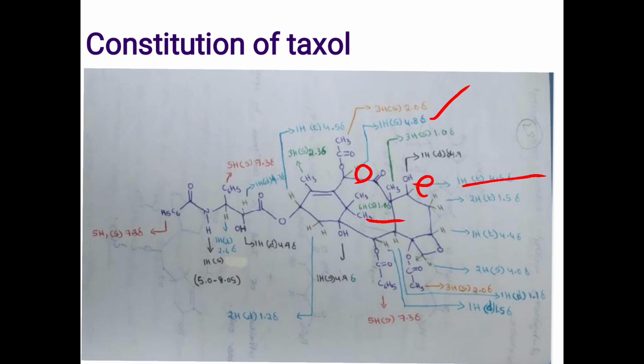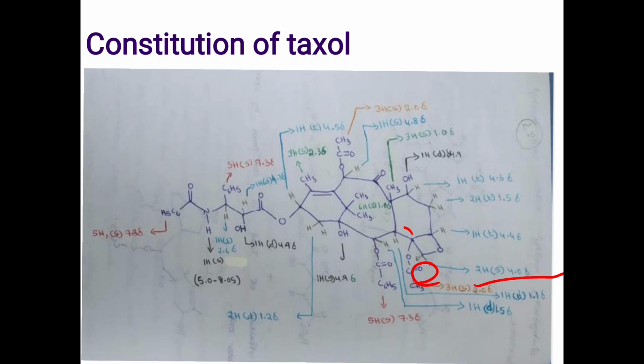The 2 protons attached to ring C show a triplet at 1.5 delta, and a proton shows a triplet at 4.4 delta, and 2 protons show a singlet at 4.0 delta.